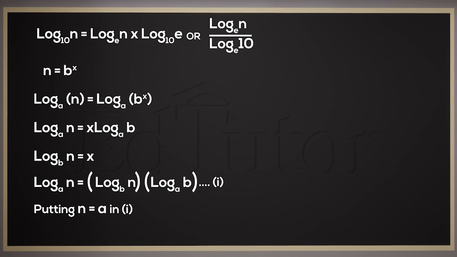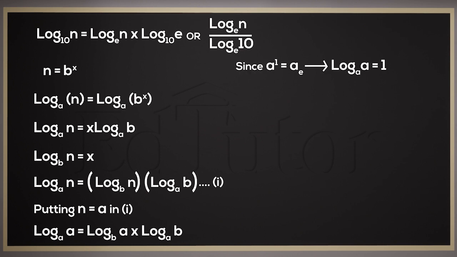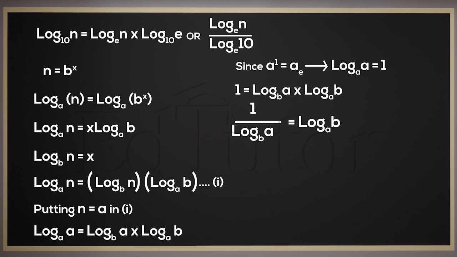Let's assume n is equal to a. Equation 1 now becomes this. Now we know that the logarithm of a number such that the argument is the same as the base is equal to 1 always. So equation 1 now becomes this or this.